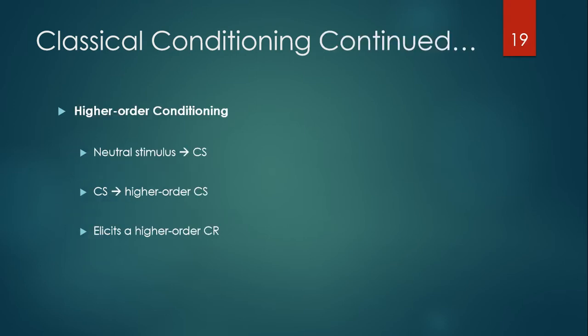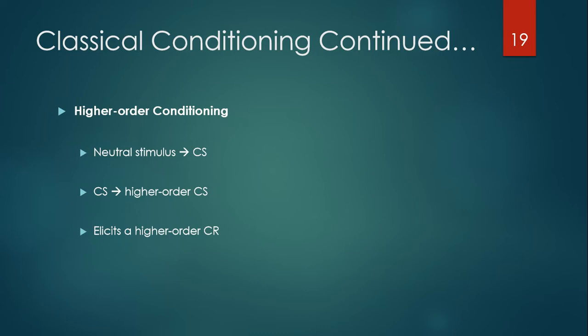Now let's talk about a few more topics in the classical conditioning unit. So, higher order conditioning. This is basically adding one more level of learning to a classical conditioning situation. So normally in classical conditioning, we have a neutral stimulus and it gets associated with an unconditioned stimulus.